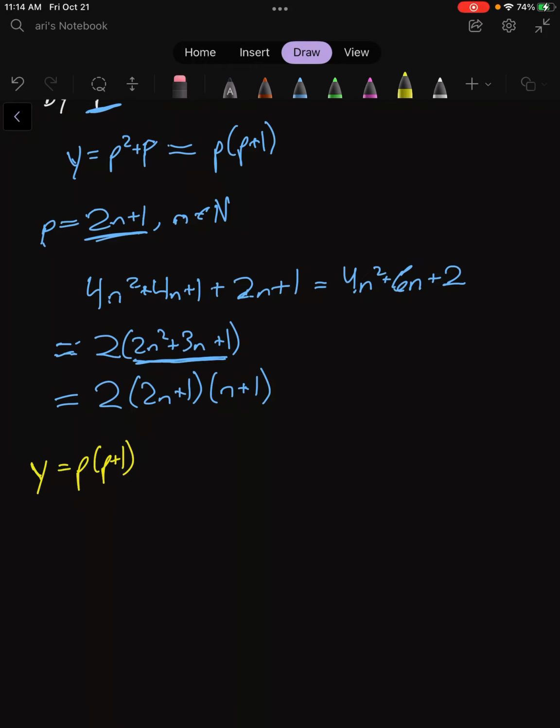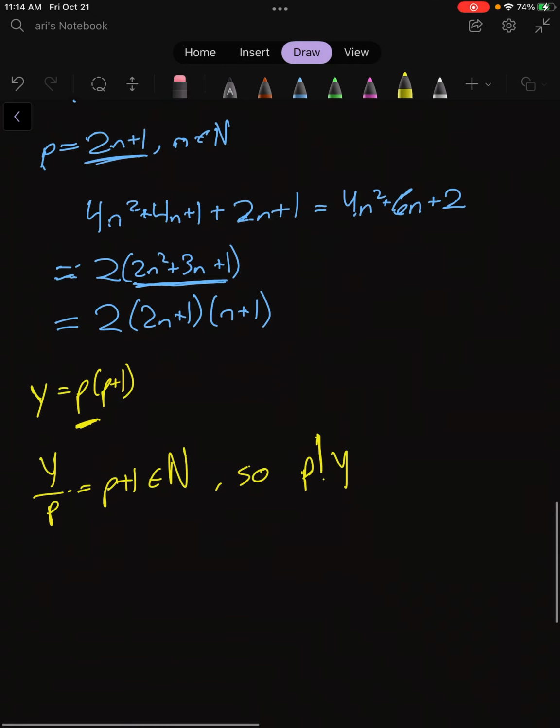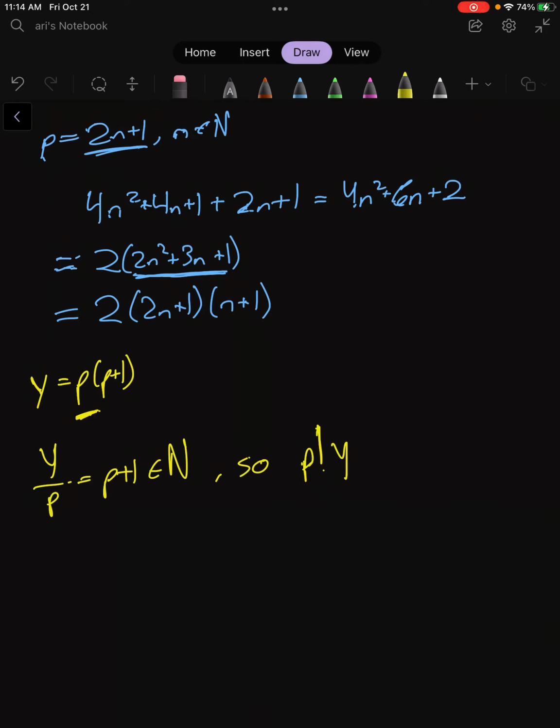This is divisible by p because we have this p term right here. So y over p equals p plus 1, which is a natural number. Therefore p divides y. Now all we have to do is show that 2 is also a factor of y, that we could divide out a 2 from y and get a natural number.